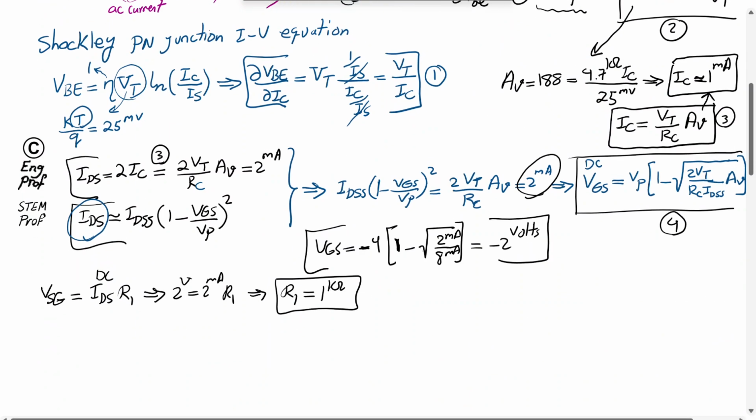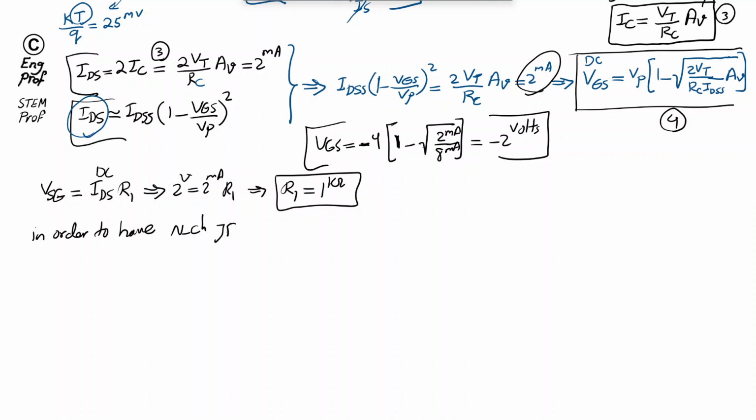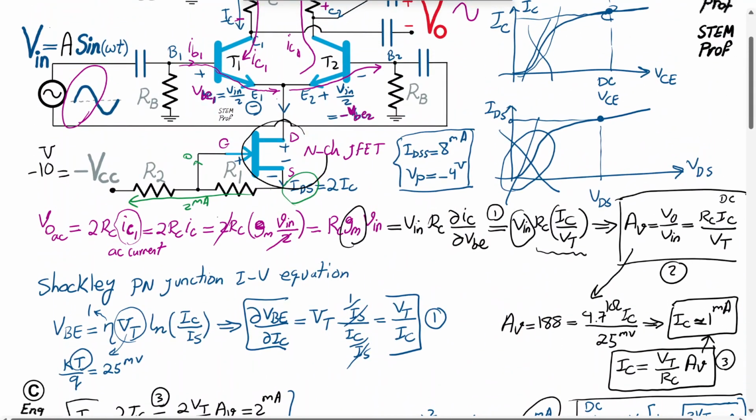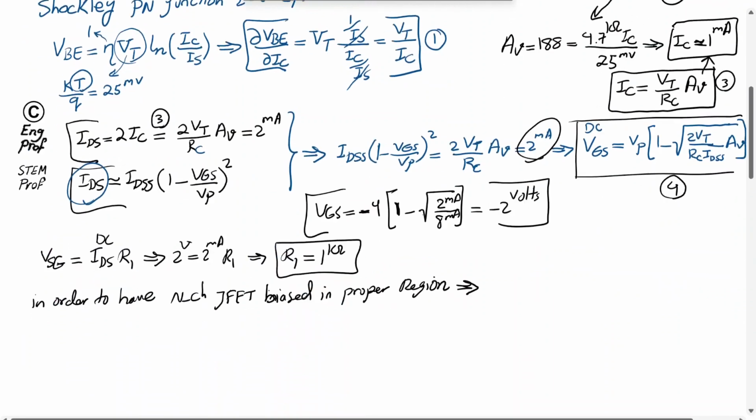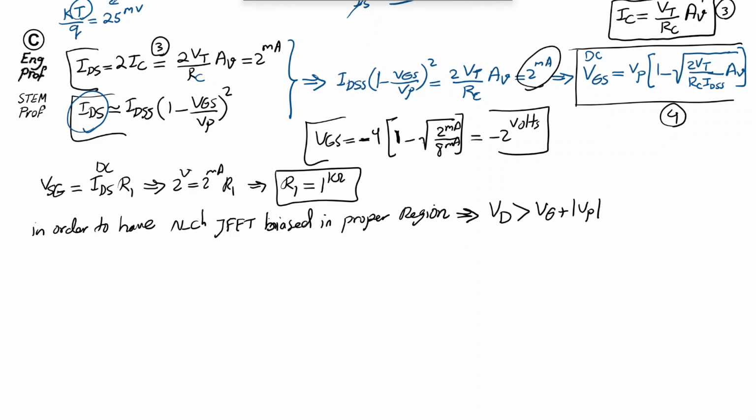So I'm going to write it. So in order to have the N-channel JFET biased in the proper region, so that it operates as a current source, with a very large output impedance as seen from the drain, which is a nice thing we get in this region, we need the voltage of drain to be higher than the voltage of gate by the absolute value of pinch off, so that we are in the target region.